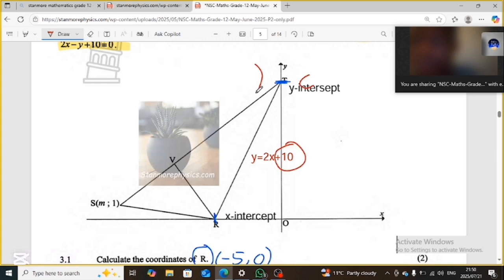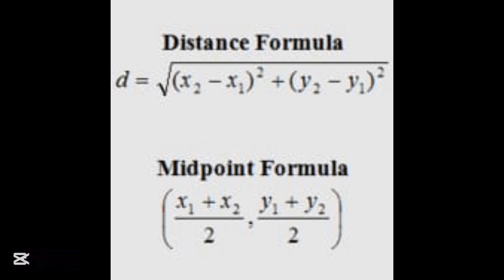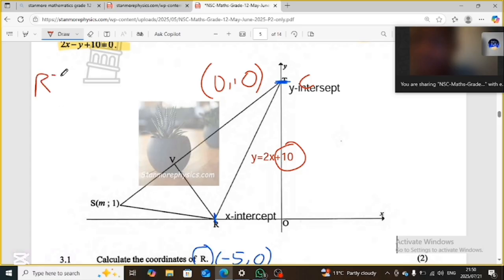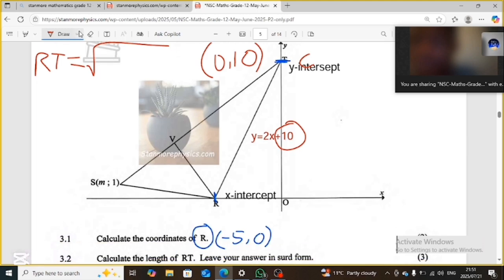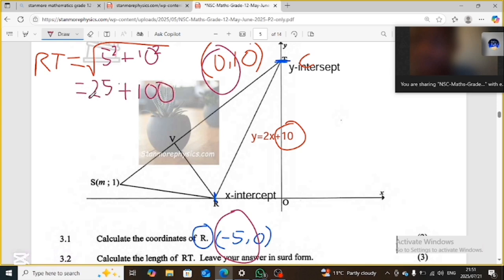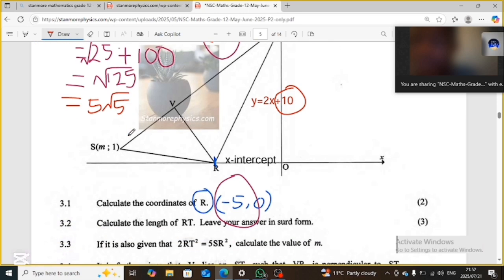Therefore the coordinates of T are (0; 10). With the aid of the distance formula, the length of RT equals the square root of (0 minus negative 5) squared plus (10 minus 0) squared, which is equal to the square root of 25 plus 100, giving us the square root of 125. Hence RT is 5 root 5 in simplified surd form.